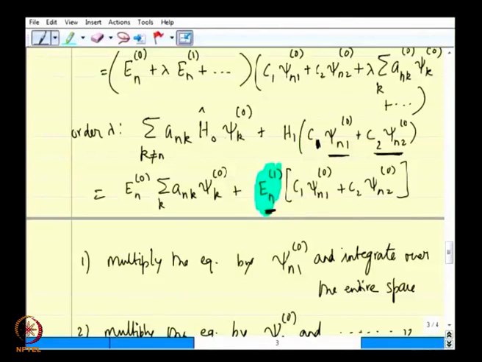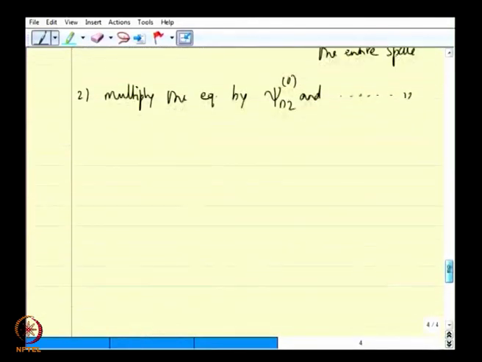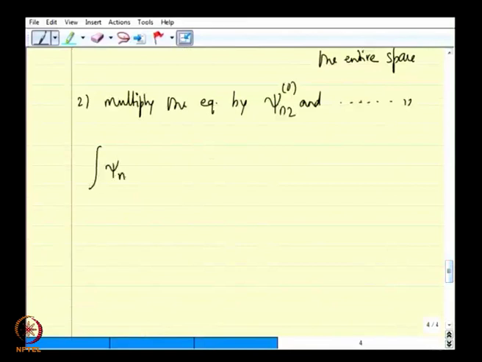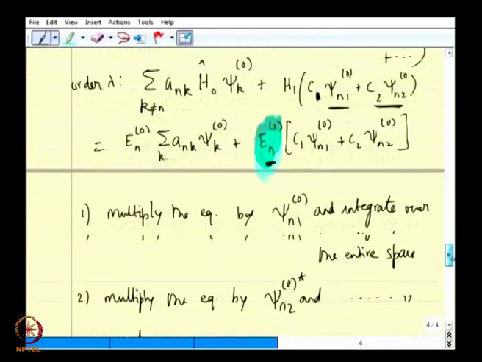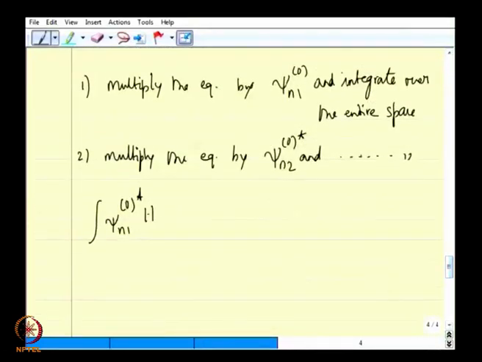Orthogonality of the two wave functions corresponding to different energies will wipe the term out. Therefore, the integral psi n1 0 star H naught psi k 0 d tau goes to 0, because E n 0 is not equal to E k 0, all the other states which are not connected to that.